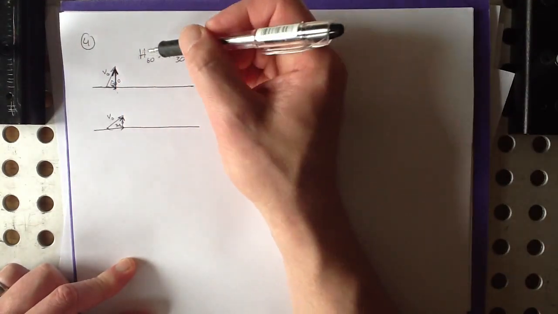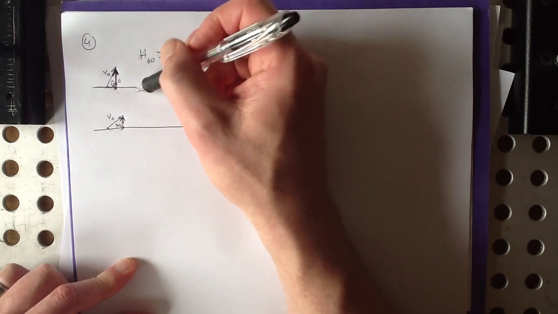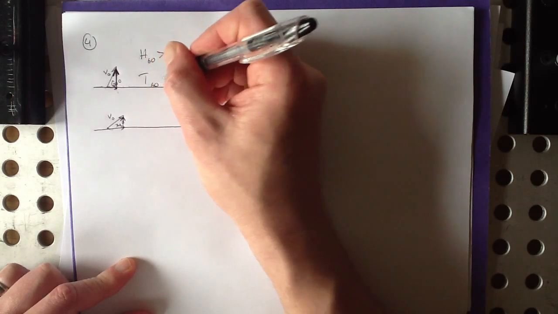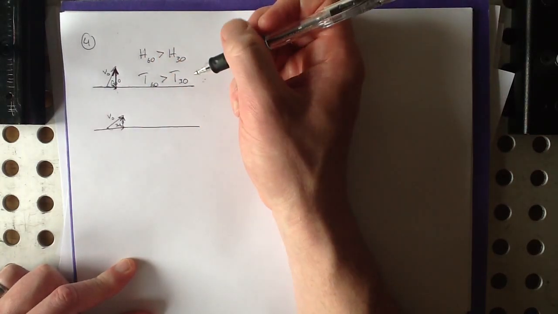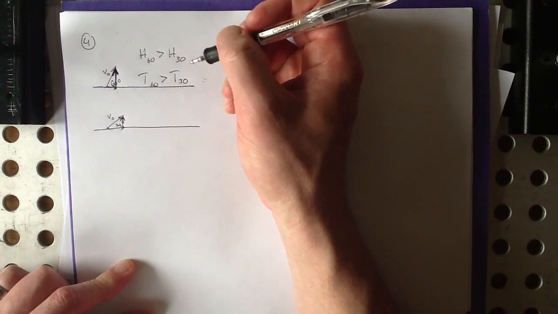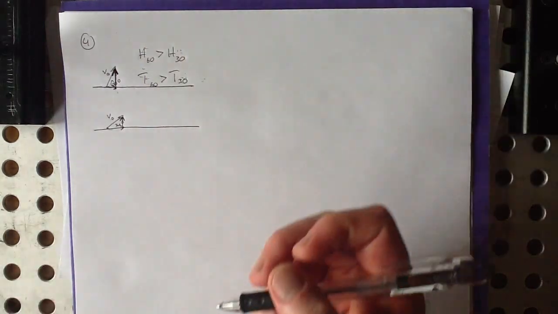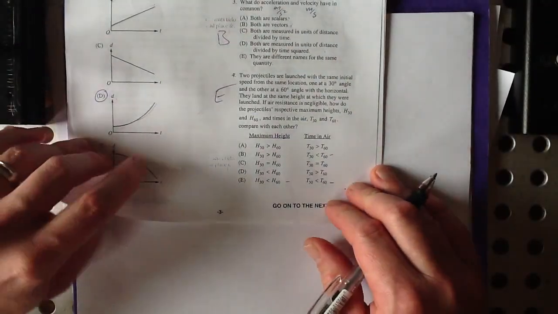And for exactly the same reason, it's the same acceleration acting on these things, so higher means in the air longer. So the time is also greater for that one. And that looks like answer choice E. They have their inequalities the other way around as less thans, but that corresponds to answer choice E.